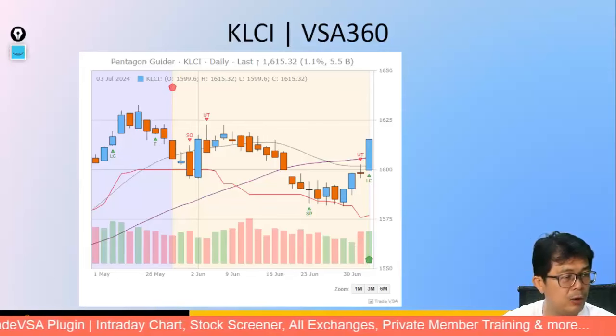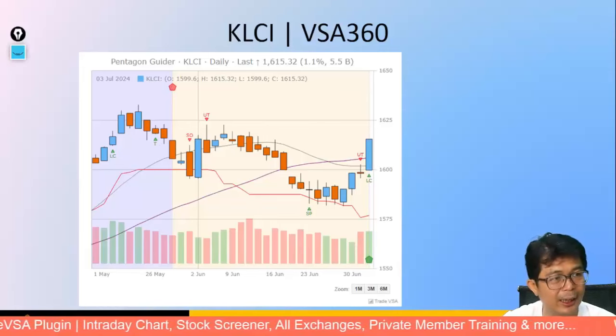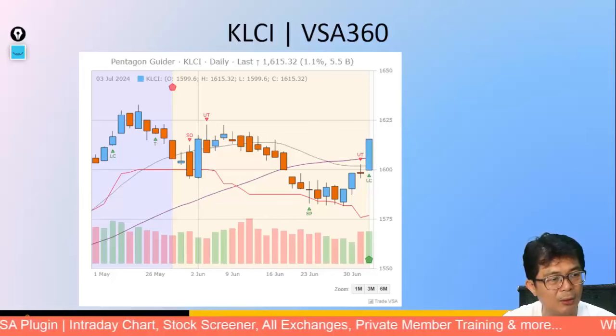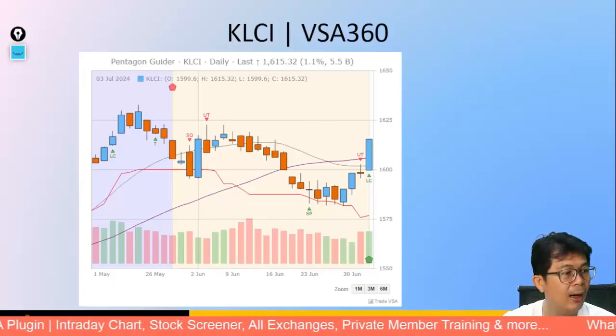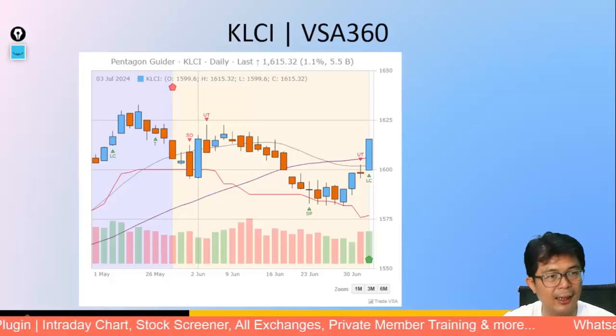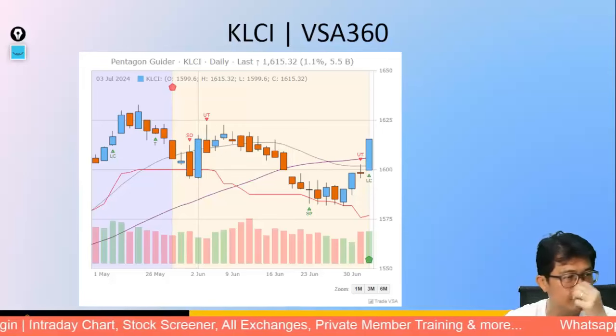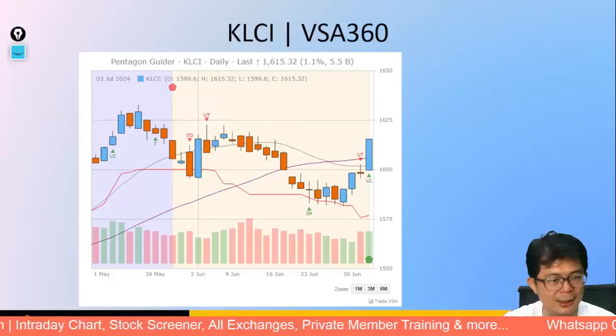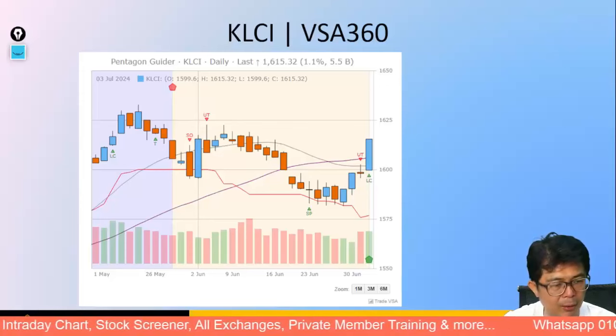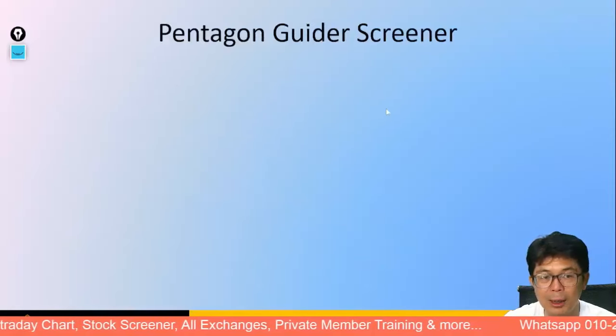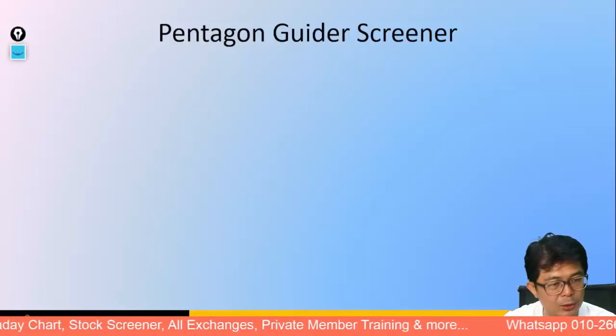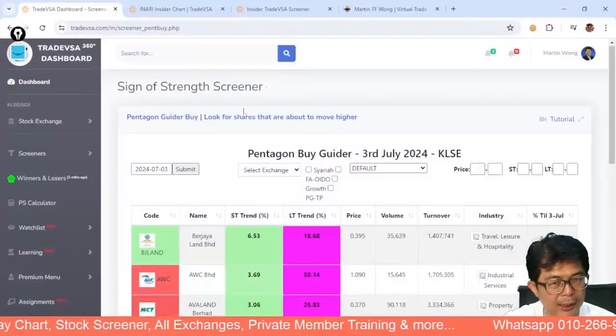Turning green pentagon generally is a good thing, as I said before. Once it turns green pentagon, I usually like that. That is a very, very good thing to have when the market has turned green pentagon. So that's why it's good to go back into the pentagon guider.